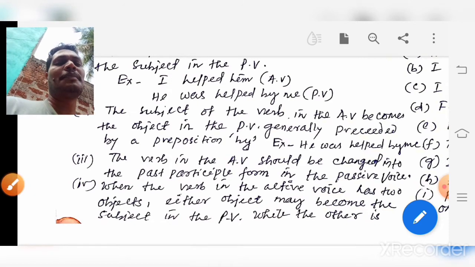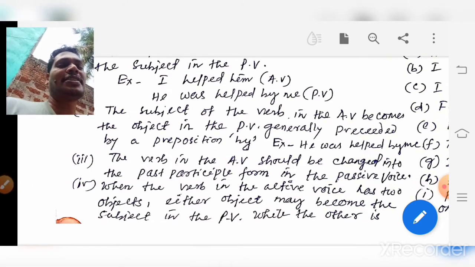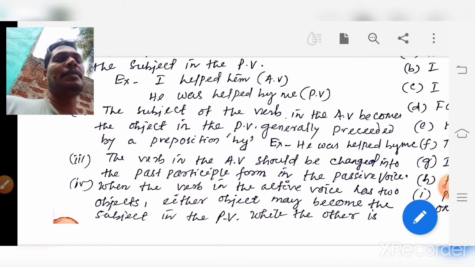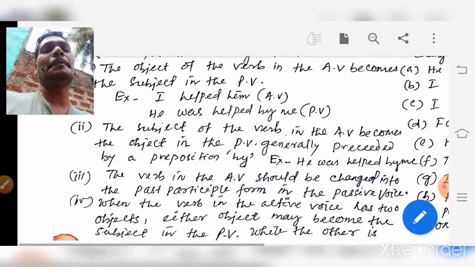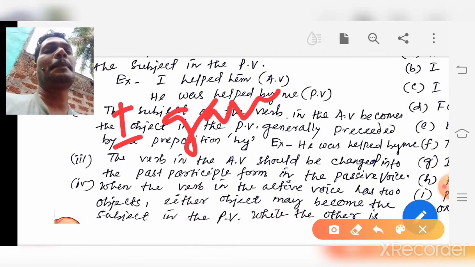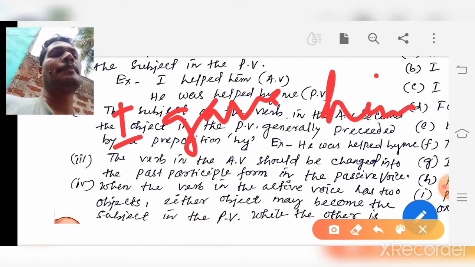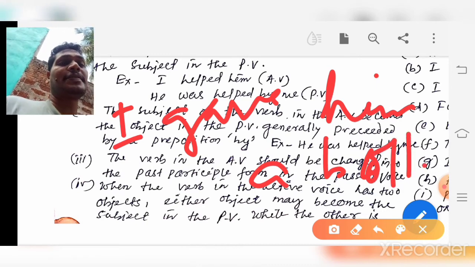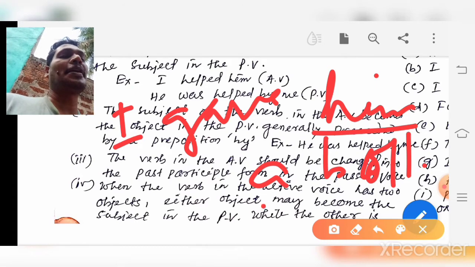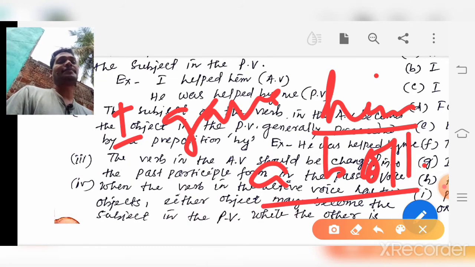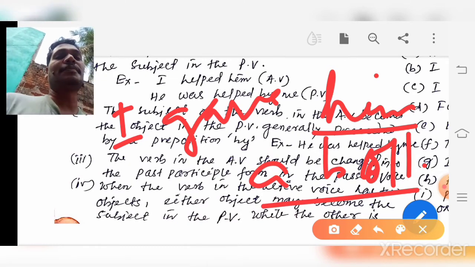Then, when the verb in the active voice has two objects, either object may become the subject in the passive voice. I gave him a ball. So in this sentence, there are two objects, him and a ball. We can use either of the objects as the subject in the passive form.